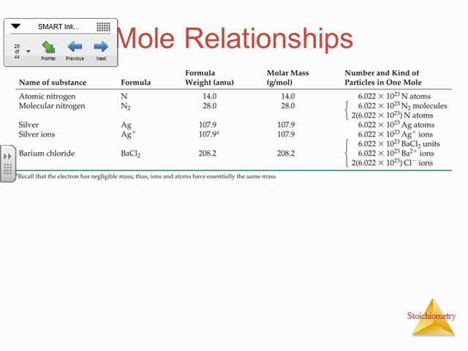So you've got, for example, atomic nitrogen, which has a formula just N, has a formula weight of 14.0 AMU, okay? And notice it also has the same molar mass, 14.0 grams per mole, okay? And there are 6.02 times 10 to the 23rd nitrogen atoms there, okay? So you can look down this chart, you can see what's there. It's fairly straightforward, okay?